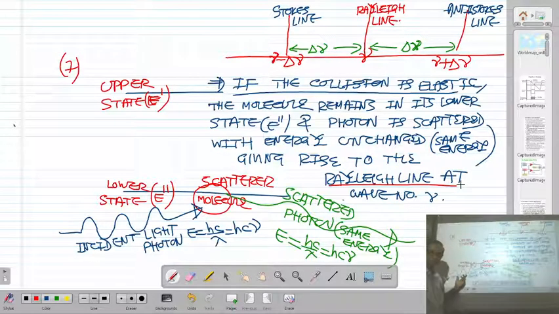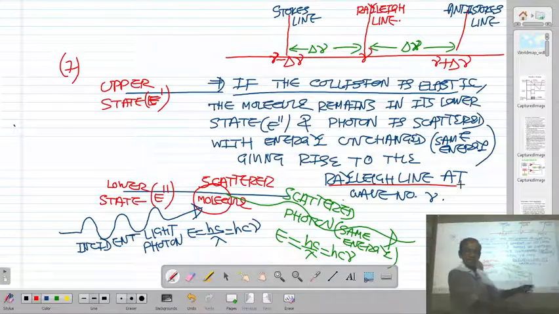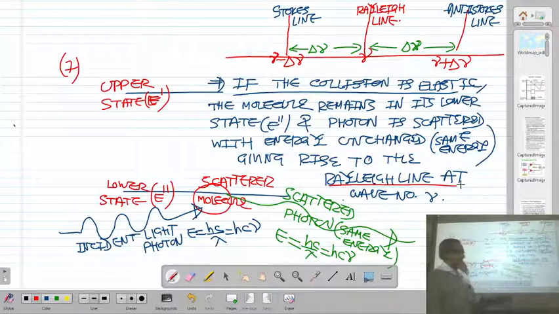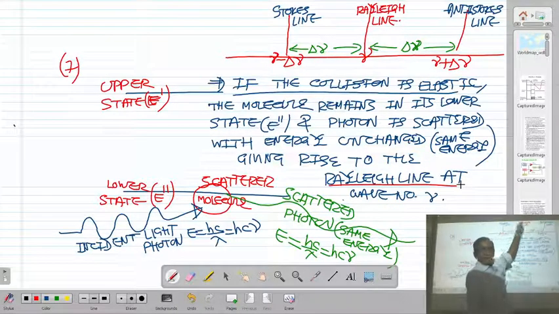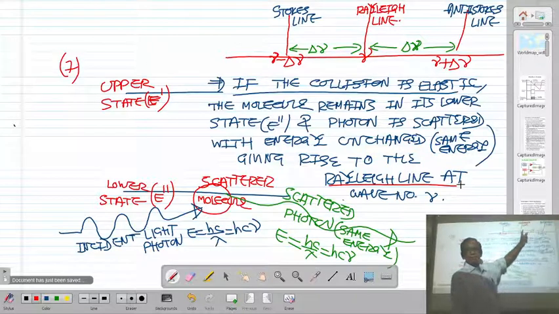Means if the energy of the incident light photon is hc/λ or hν, the energy of the scattered photon remains same. It is also hc/λ or hν. And if the photon is scattered with the same energy, the energy of the scattered photon is unchanged, then this scattered photon whose energy is unchanged, okay, it will give a Rayleigh line at wave number ν.